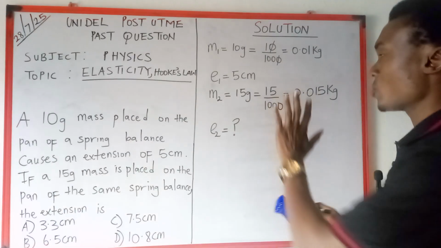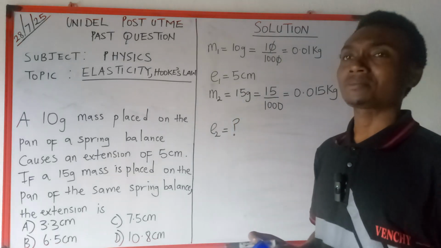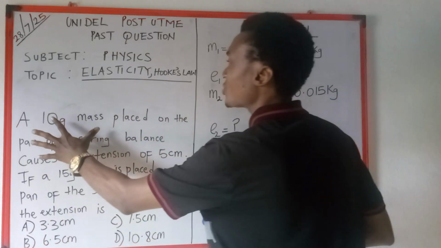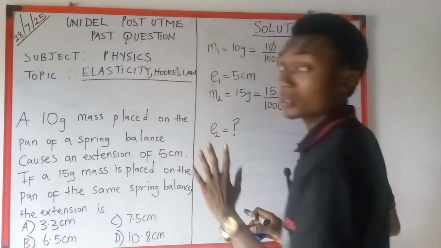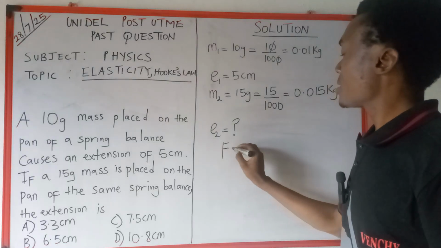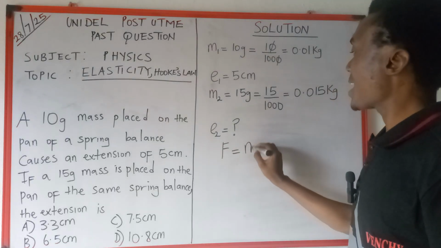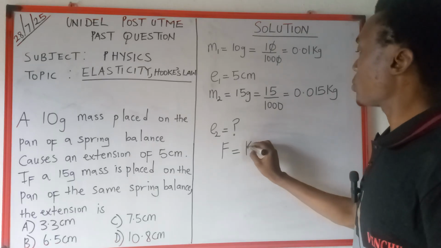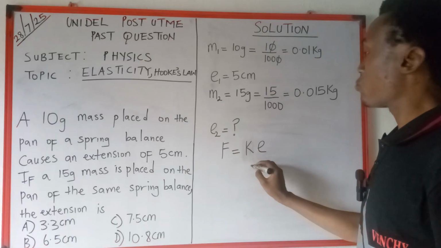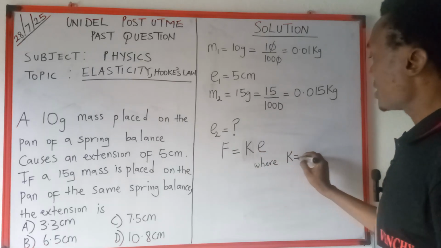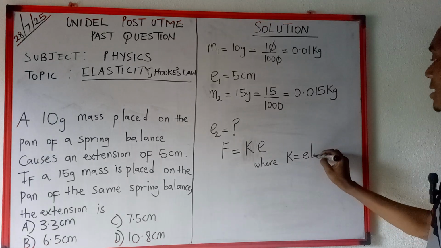When you get to this point, don't get confused. Take note: this question is related to Hooke's law, and Hooke's law states that F is equal to KE, where K is the elastic constant.